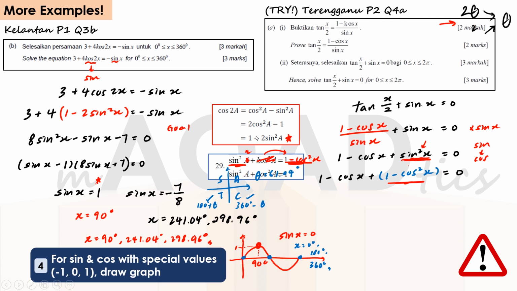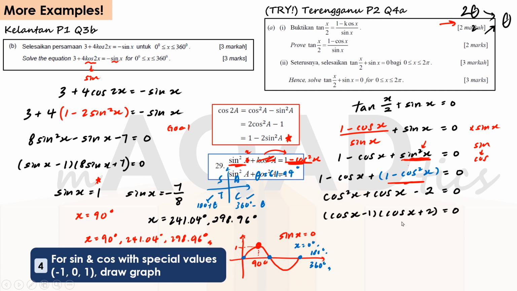So if I use this one, I will still get back the same problem, which is I still have 2a here. Okay, so I wouldn't use this one, but I'll use this one because if I change, the x still remains x. But my sine becomes cos, which is what I want. Okay, so this one we further simplify. This is our quadratic equation, and we factorize, and we will get these two answers.